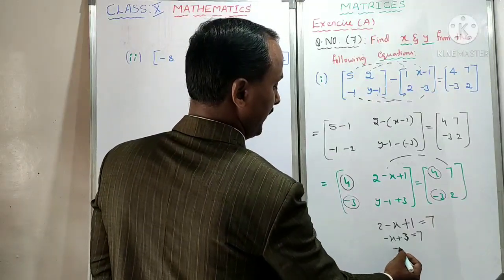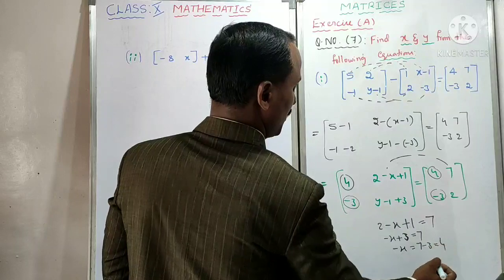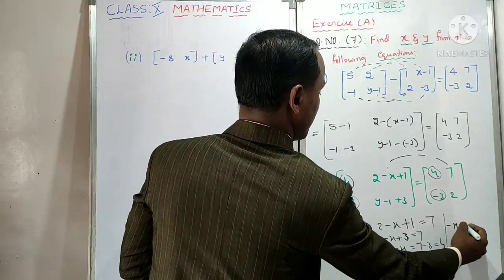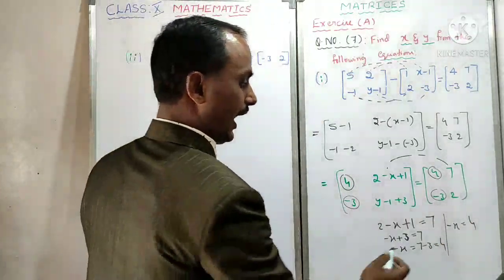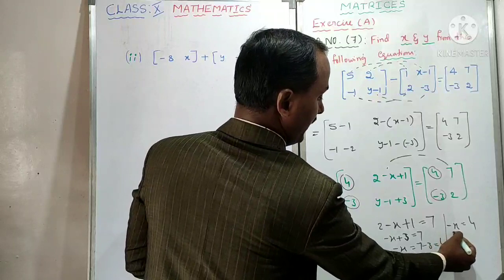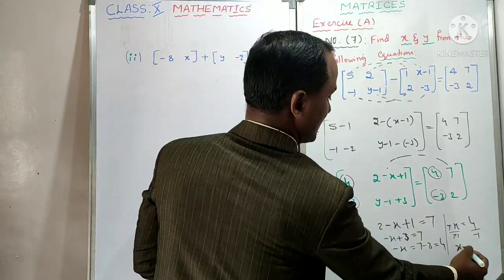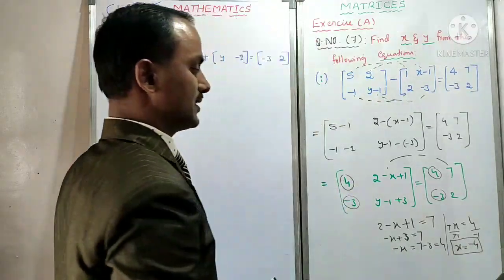Finally minus x is equal to 7 minus 3, which is 4. Finally minus x is equal to 4 only. I want plus x, I don't want minus x. Divided by minus 1, divided by minus 1. Minus minus cancel. x is equal to minus 4. We got the x value, minus 4.